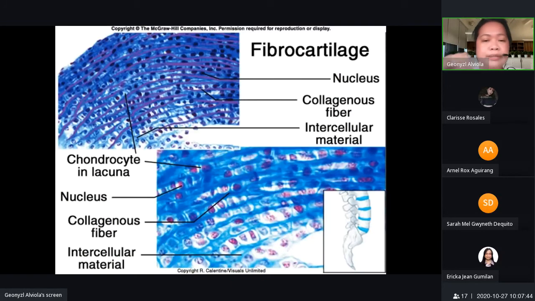Okay, this is fibrocartilage. It looks like corn. If you look at it in the microscopic slide, it looks like an onion. The arrangement of the cells looks like an onion root.